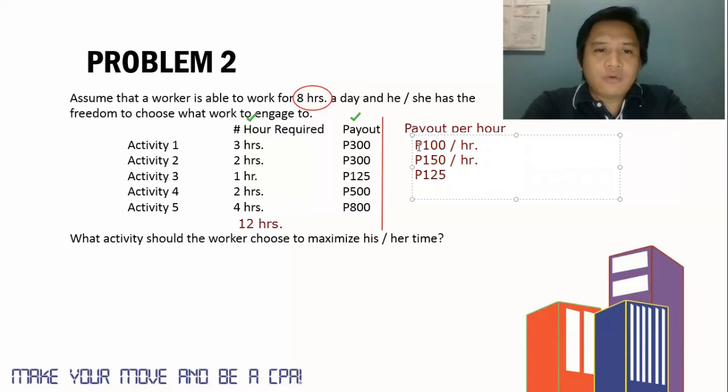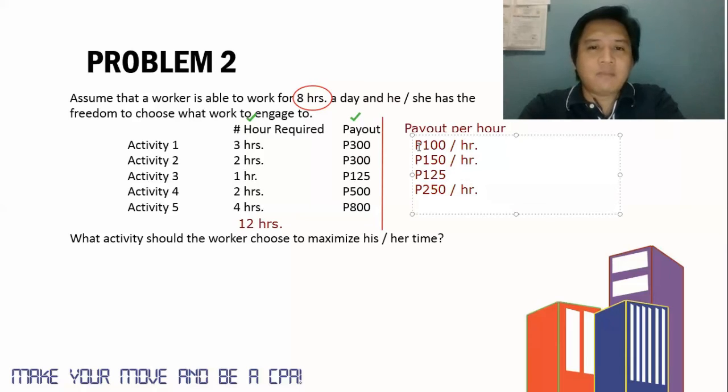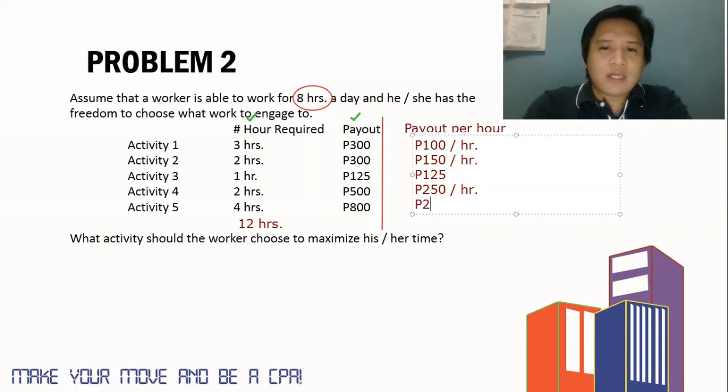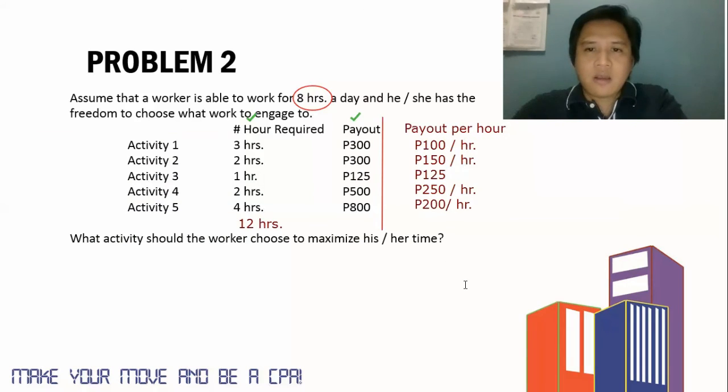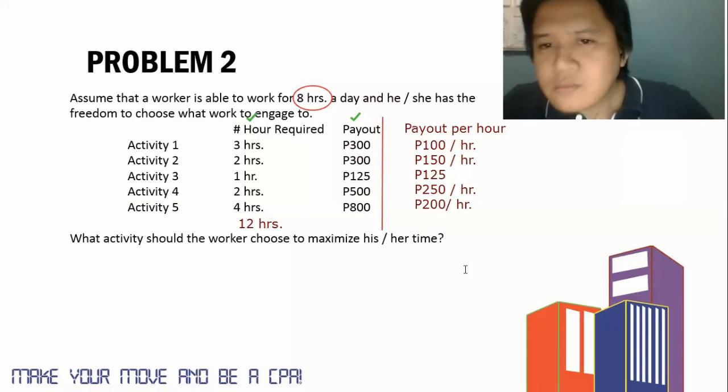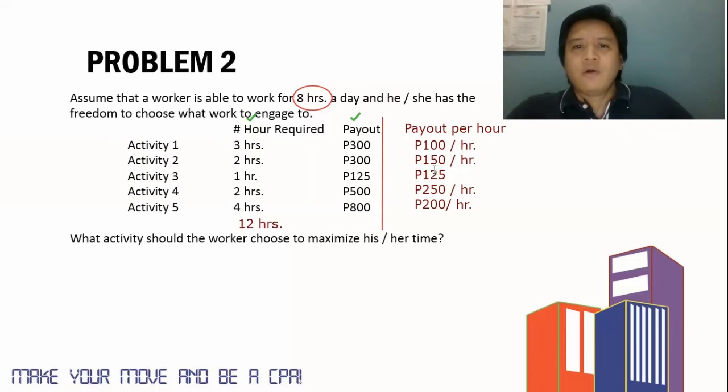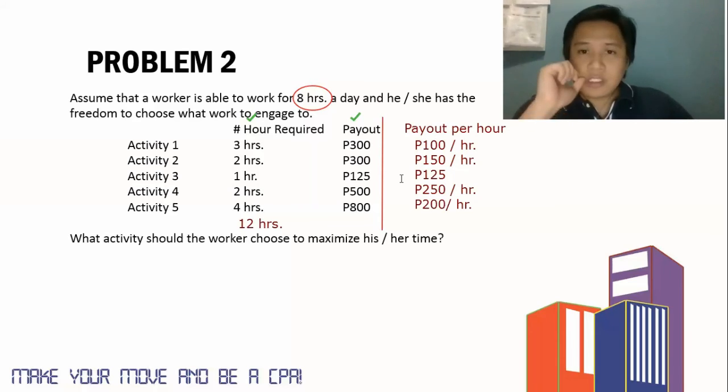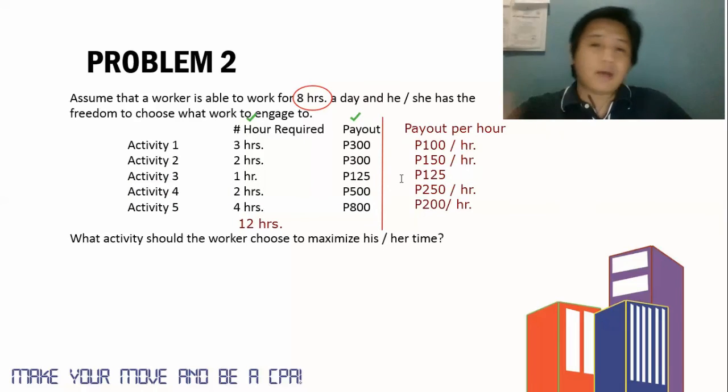Then activity 4, 500 divided by 2, that will give us 250 per hour. And lastly, activity 5, 800 divided by 4 hours, that will give us 200 per hour. Now, it is already comparable because we are considering a per hour payout.